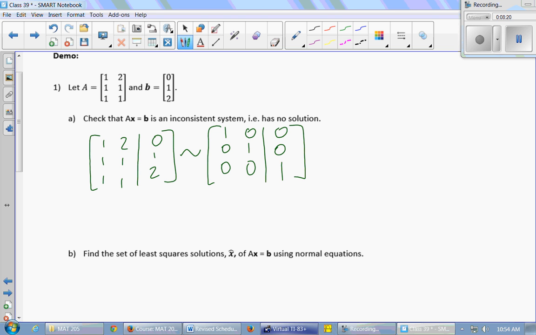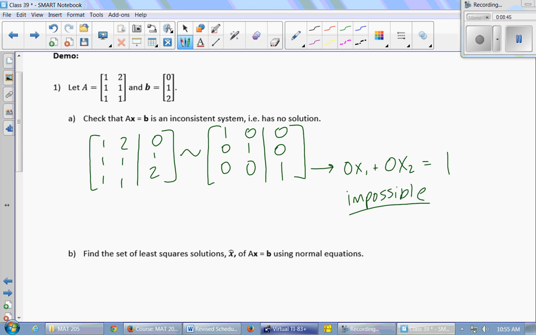Why? Yeah, that last row says 0x1 plus 0x2 equals 1, right? That's impossible, so we know it's inconsistent. There is no x that can make this equation true.